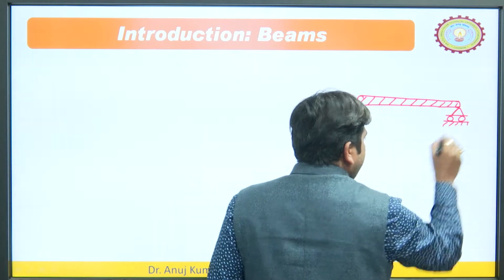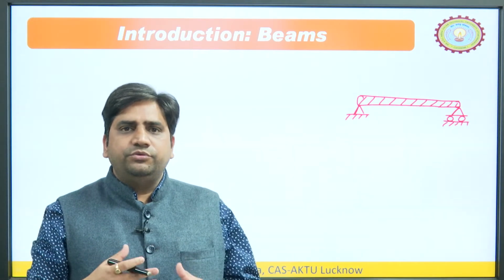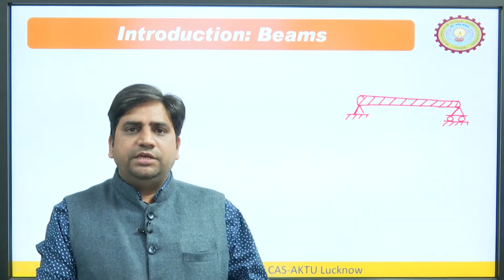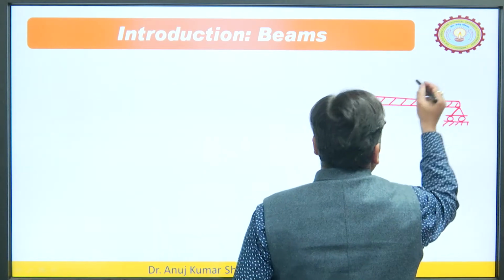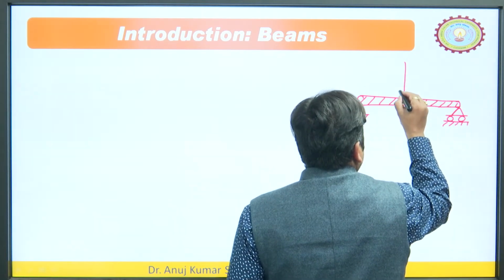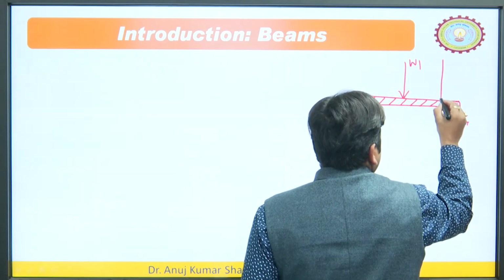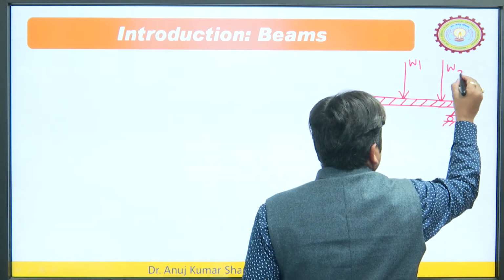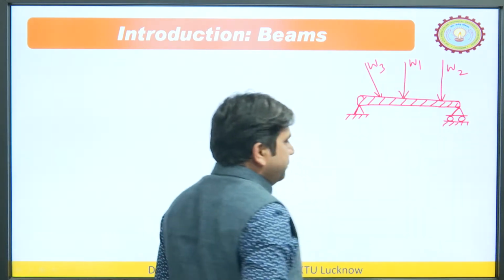It is always a horizontal structural member. Whenever we want to construct any structure, we need this kind of member, and we apply load in the vertical plane, like this is W1, this is W2, and this is W3. So, these are 3 loads.